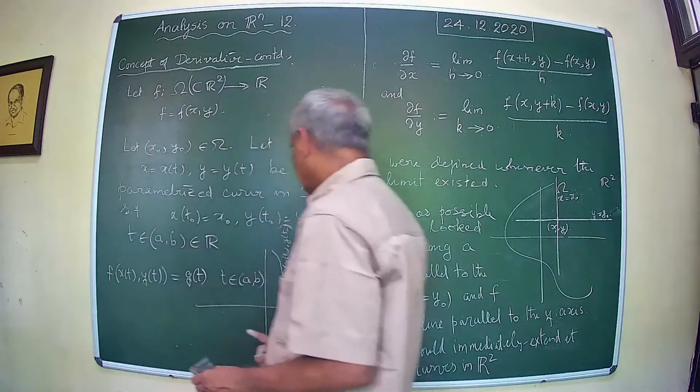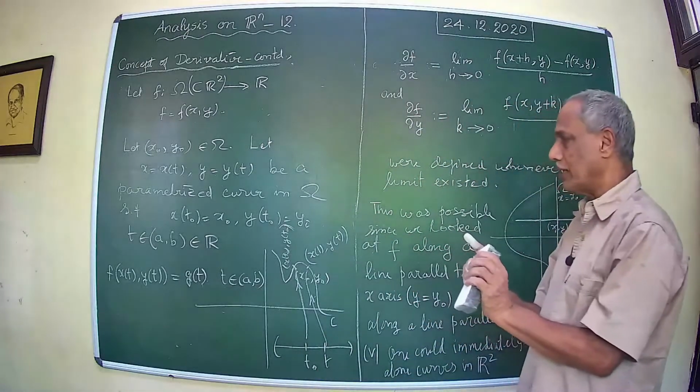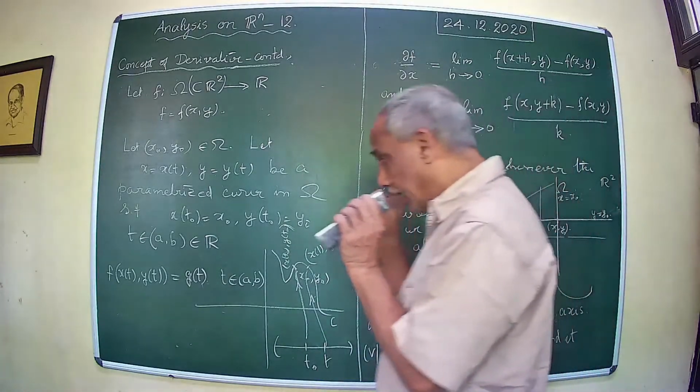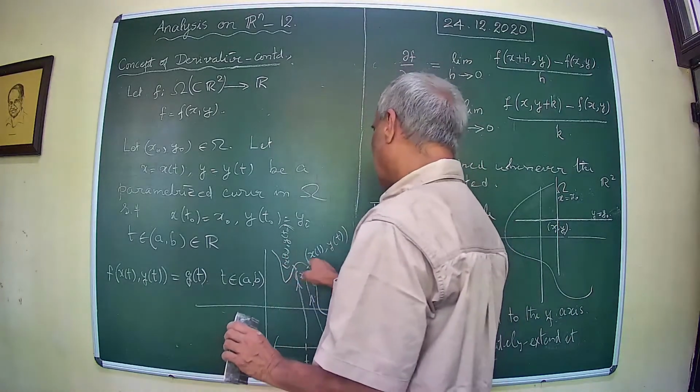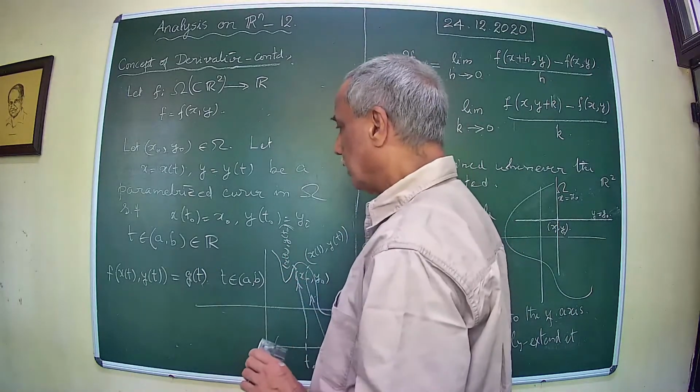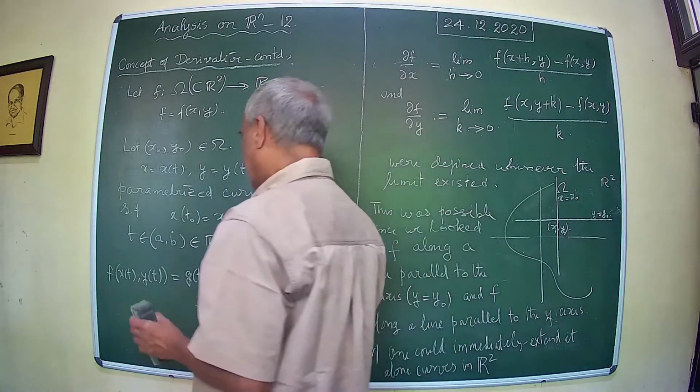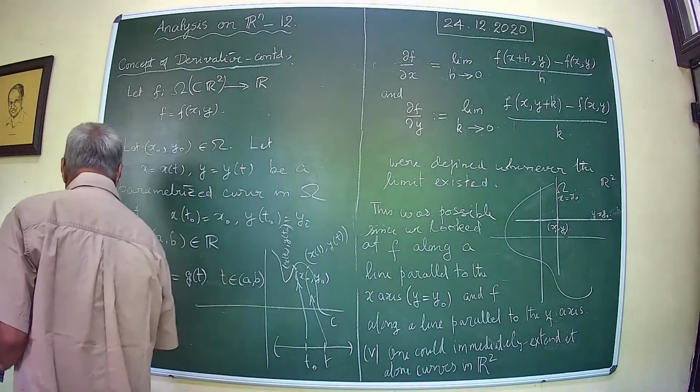That means what you are asking for is how f changes as x and y move along this curve. So we can now talk about df by dt.